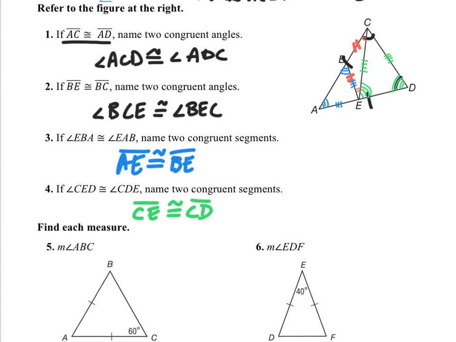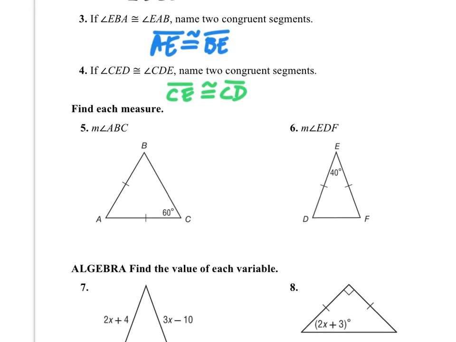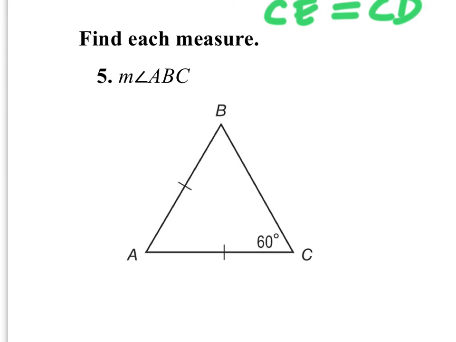What I know here, let's take a look at number 5 and find each measure. On number 5, I've got this triangle here, and I know that AC is congruent to AB. Because those two are congruent, I know that these two angles are congruent.